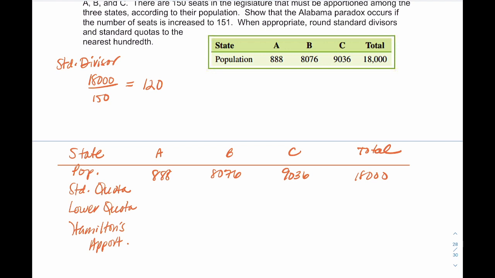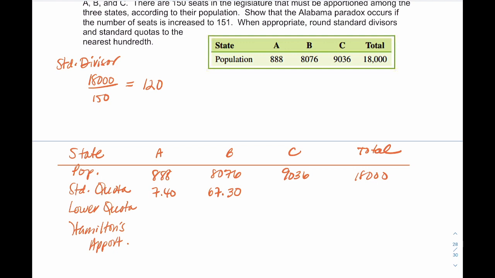Okay, and we know that our population, I'm just copying from the chart above. So we've got our 888 divided by 120. That comes out to 7.40. 8,076 divided by 120 is 67.30.